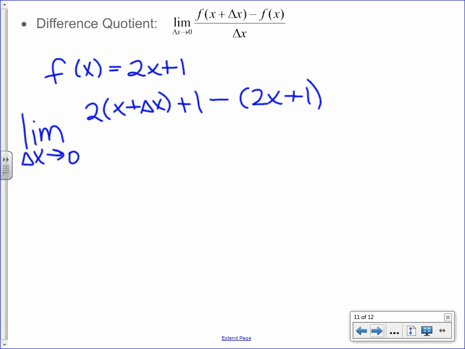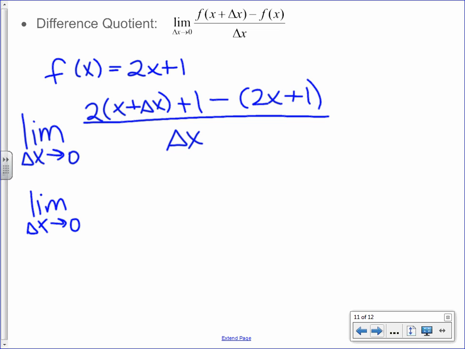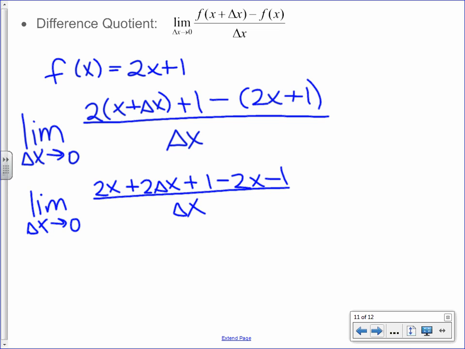Please put it in parentheses. All over our change in x. So we have the limit as delta x approaches 0 of 2x plus 2 delta x plus 1 minus 2x minus 1, all over delta x.